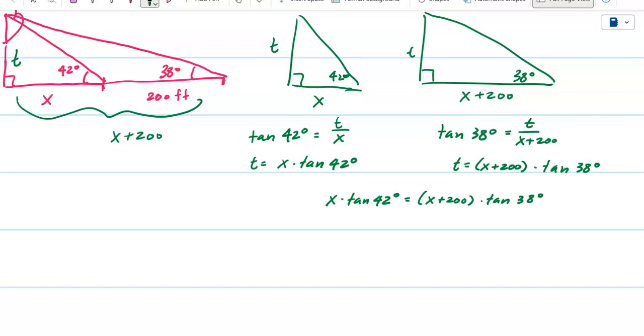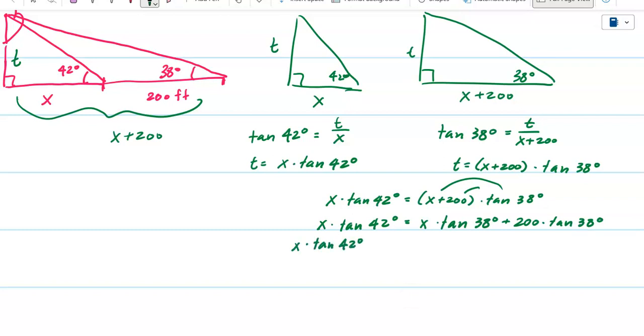Okay, and couldn't I just solve for x? So we have to distribute tangent into here. So x times tangent of 38 degrees plus 200 times tangent of 38 degrees. Collect the x's. Then factor out an x.